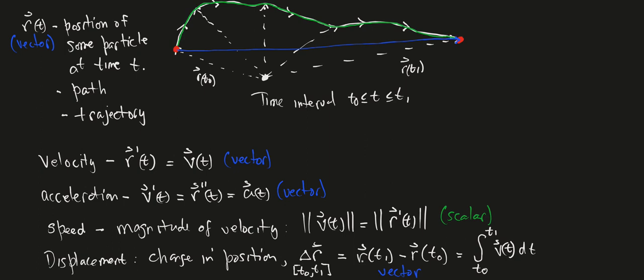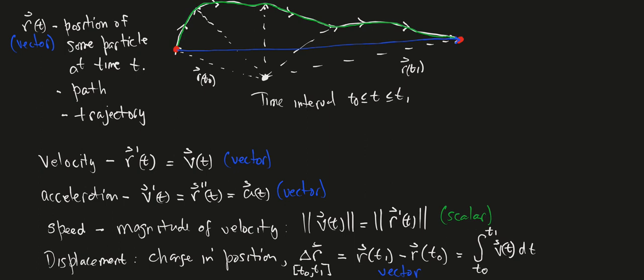If you know the position vector, and you have your time interval, then just evaluating and taking the difference will give you the displacement. If you know your velocity vector, then we would have to integrate over the time interval t0 to t1, right?